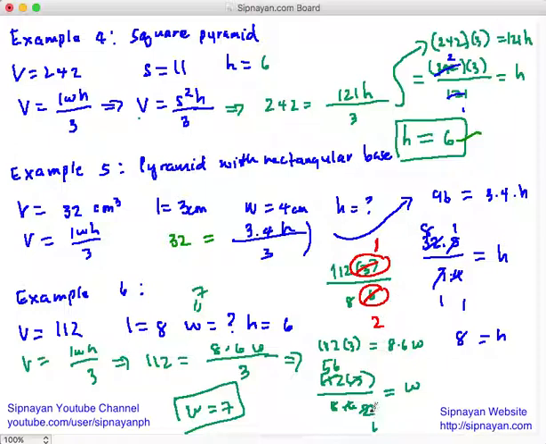After nag-cancel dito ng 3 and 6, pwede ko naman i-cancel itong 2 tsaka 112, no? And again, we divide 112 by 2 and then we also divide this by 2. So every time pag nag-cancel kayo, kung ano yung dinivide nyo sa taas, ganun din divide nyo sa baba. Okay, so it's the basic of cancellation.